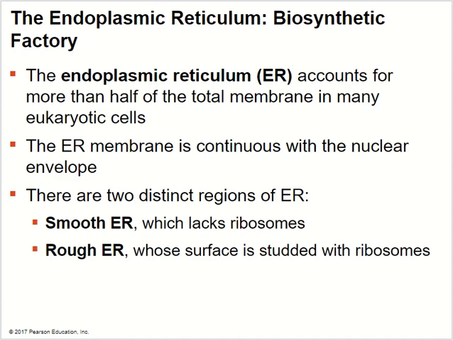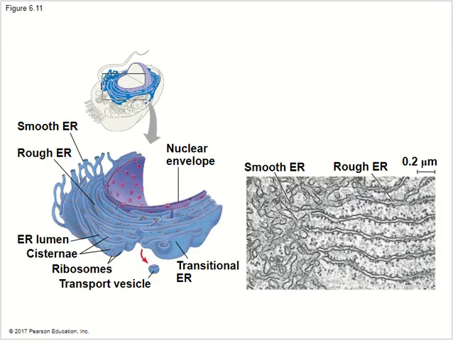The endoplasmic reticulum accounts for more than half of the total membrane in many eukaryotic cells. The ER membrane is continuous with the nuclear envelope. They are attached together. There are two distinct regions of the ER: the smooth ER, which lacks ribosomes, and the rough ER, whose surface is studded with ribosomes.